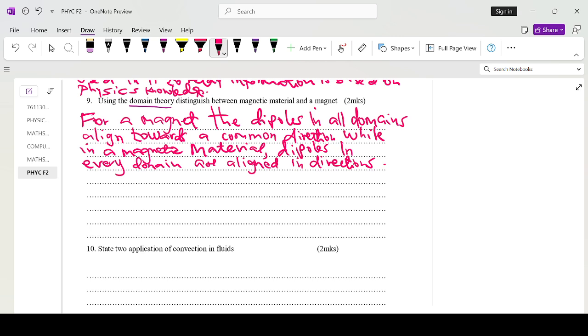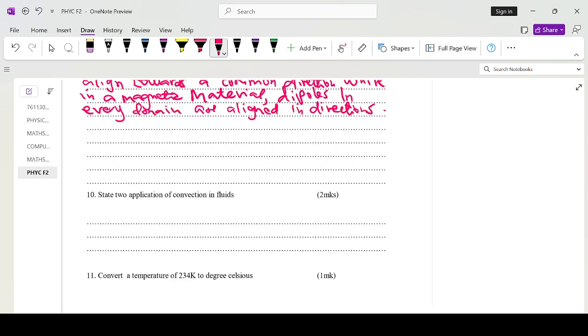For example, one magnetic material is a nail. A nail will have the dipoles in different domains facing different directions. I may have a magnet, maybe a bar magnet or a U-shaped magnet or a horseshoe magnet, whichever you know. All the dipoles in all the domains will be aligned in one direction. So that is a very major difference between a magnet and magnetic materials using the domain theory.